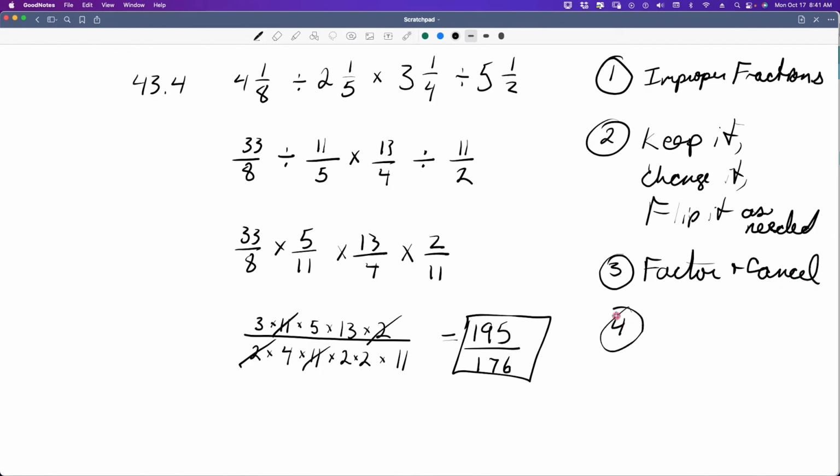And finally, we solve. All right, 4 easy peasy steps. Improper fractions, keep it, change it, flip it, factor and cancel, and then solve. And that's all you need to do to solve these mixed number multiplication and division problems.